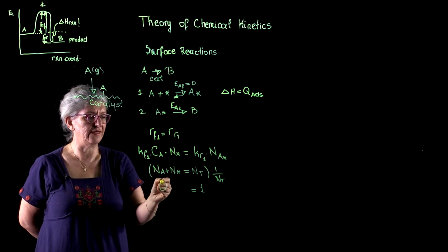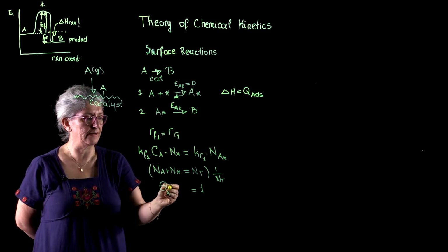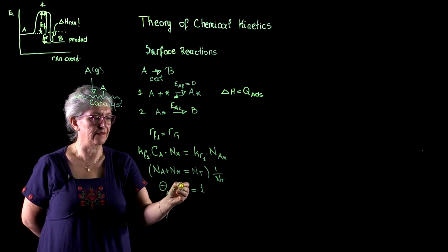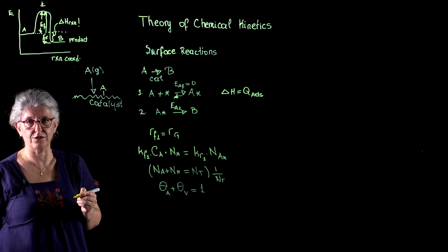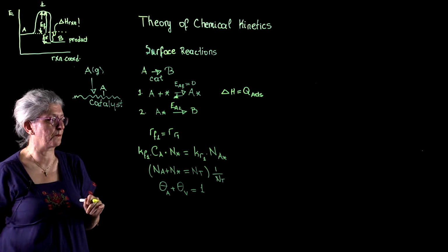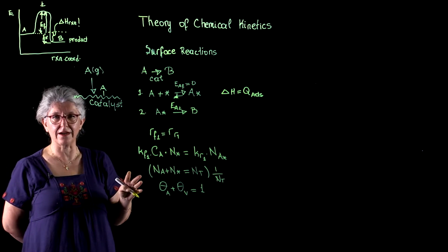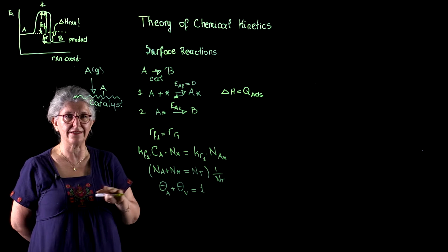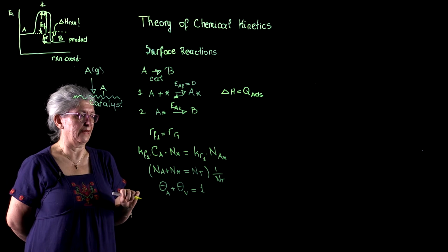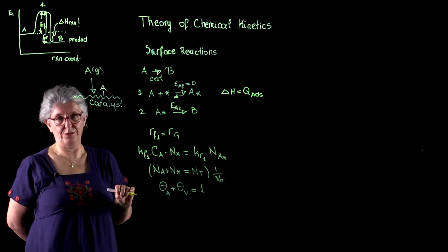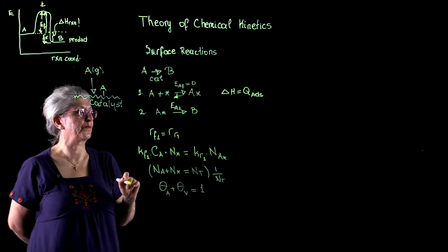I will use theta A to reflect the fraction of the surface covered by A, and theta vacant will reflect the fraction of the surface that is vacant. And we assume here that the sites that are covered by A and the vacant sites are randomly distributed. And we also assume that all sites are equivalent.